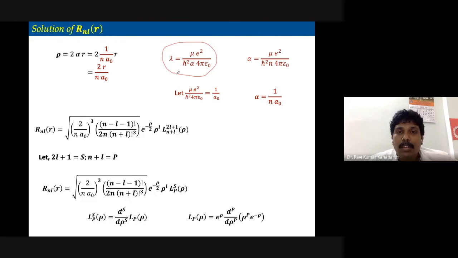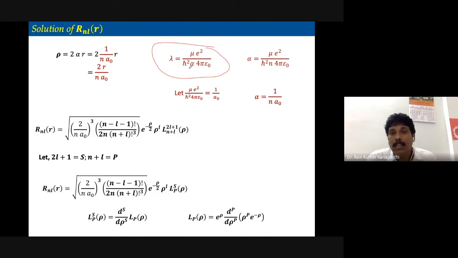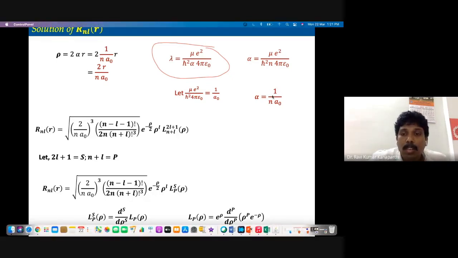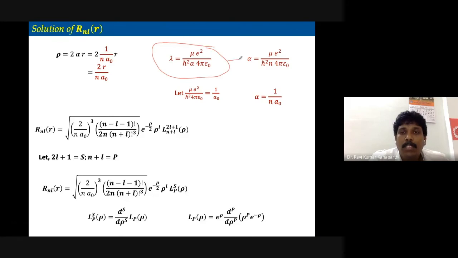At various stages we have got different expressions, like lambda that we have introduced, which is nothing but mu e square upon h cross square alpha 4 pi epsilon naught. From this you can calculate alpha. Alpha is in the denominator, so you can move it here.